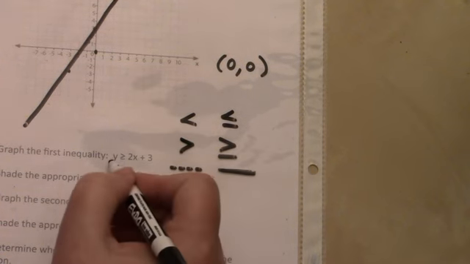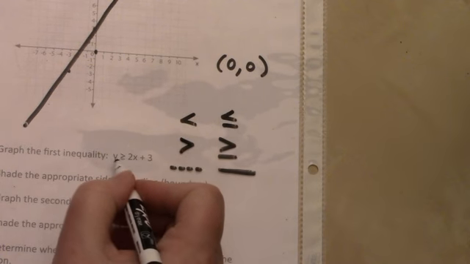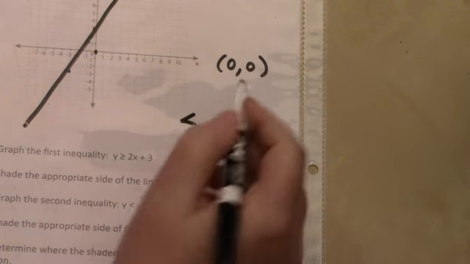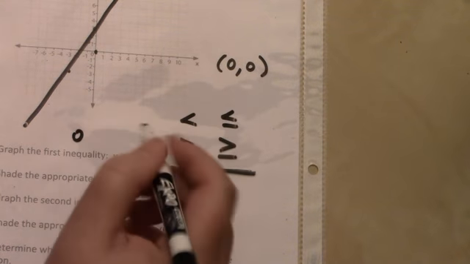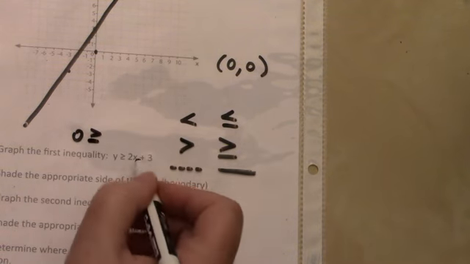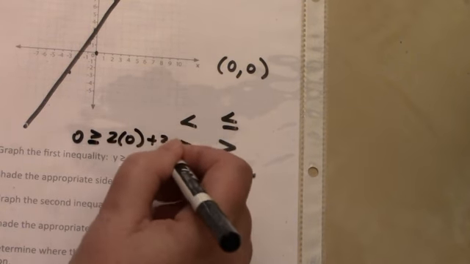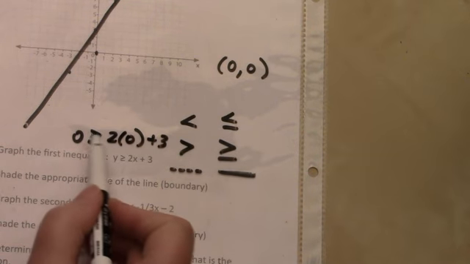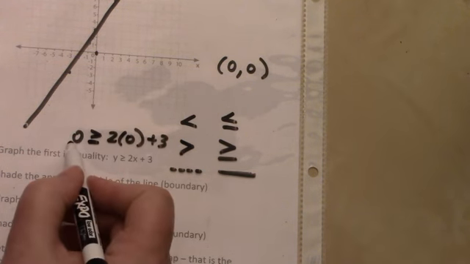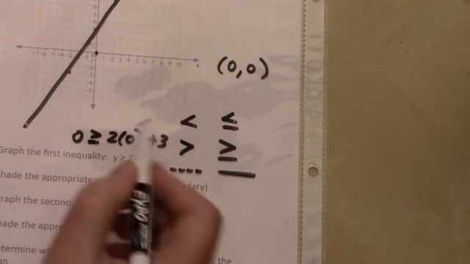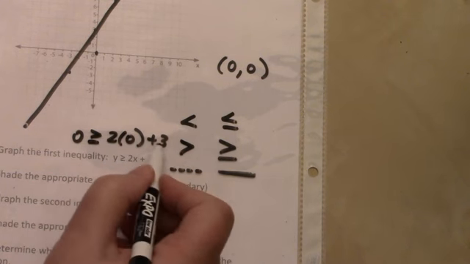So if this is y is greater than or equal to 2x plus 3, instead of y, I'm going to make it 0. Greater than or equal to 2 times 0 plus 3. I'm substituting the zeros in for the x and the y because I'm testing this point. That means this is going to be, is 0 greater than or equal to 3?